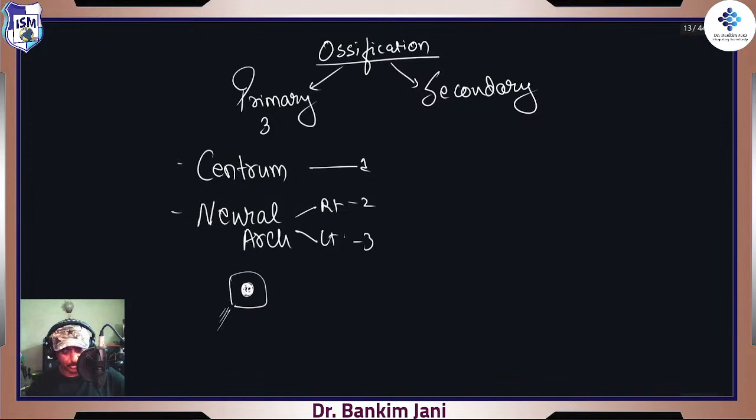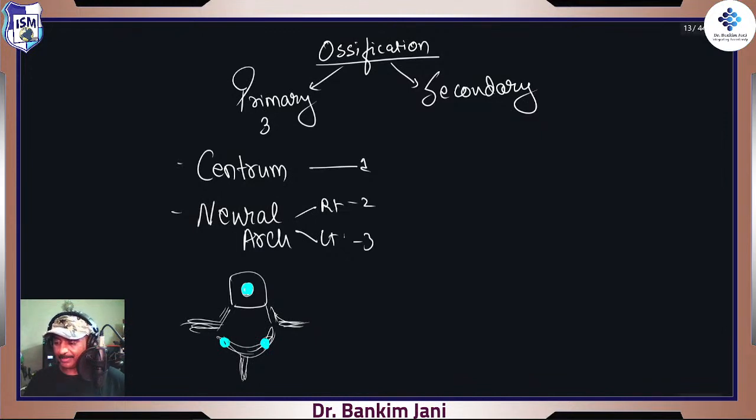And the rest is all cartilage. This is the spine, these are the transverse processes, all of them soft, all cartilage. But here is one, and one here, one here. So these are the primary ossification centers.